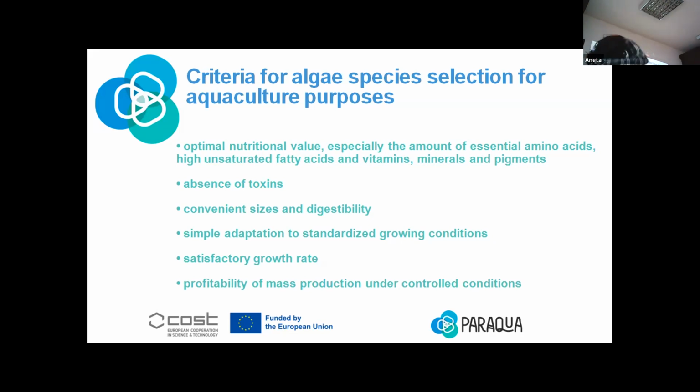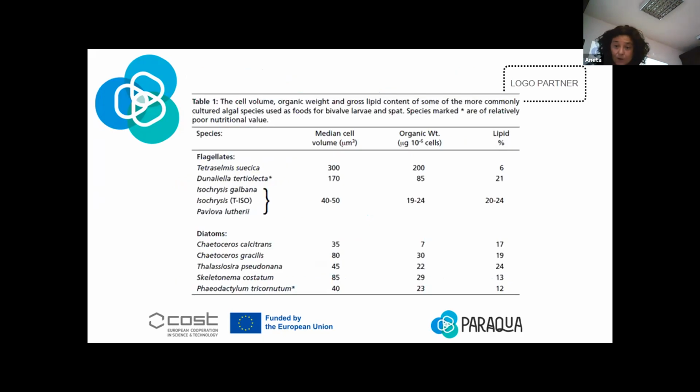Then absence of toxins, convenient size and digestibility. This is something we don't need for other purposes. Simple adaptation to standardized growing conditions. This is not for aquaculture again, satisfactory growth rate and profitability of mass production.